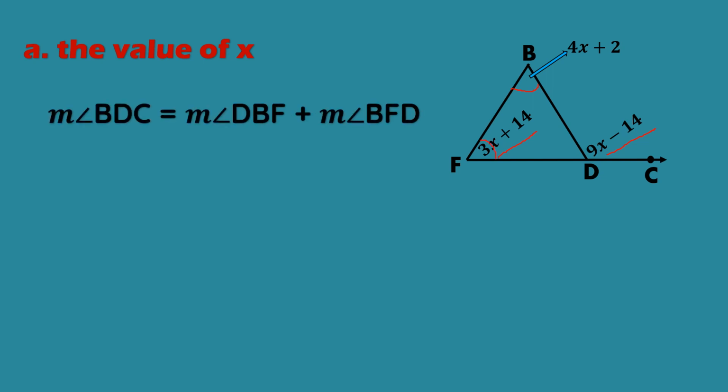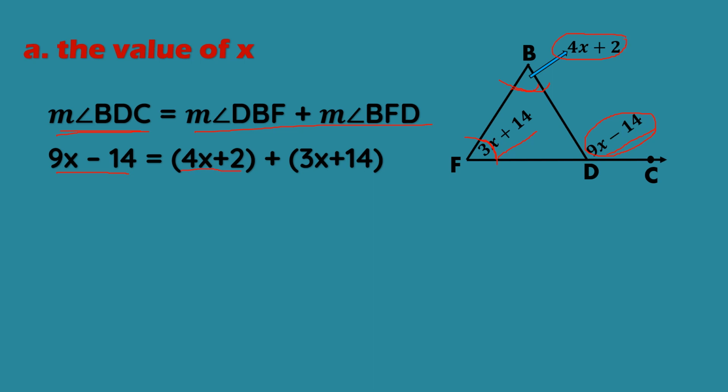So we have the formula: the measure of angle BDC, the exterior angle, is equal to the sum of its two remote interior angles, angle DBF and angle BFD. By substitution, the measure of angle BDC, the exterior angle, is 9x minus 14, and the measure of angle DBF is 4x plus 2.